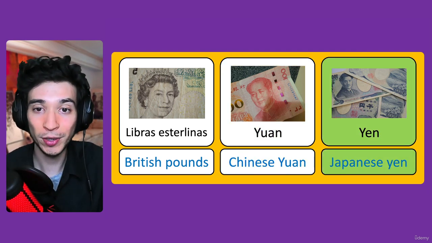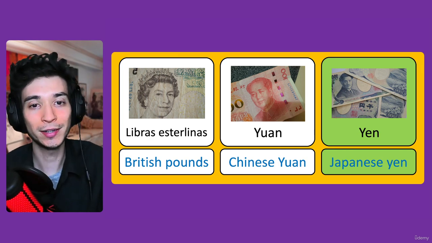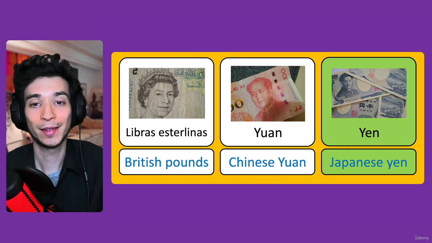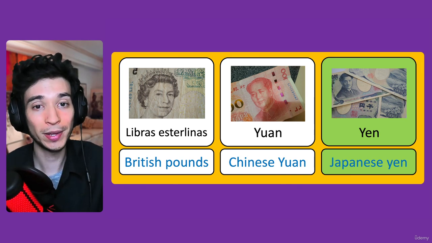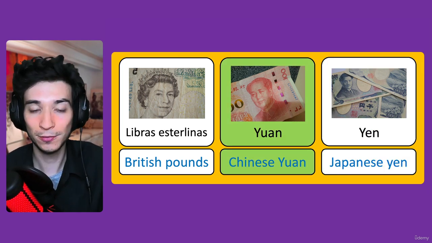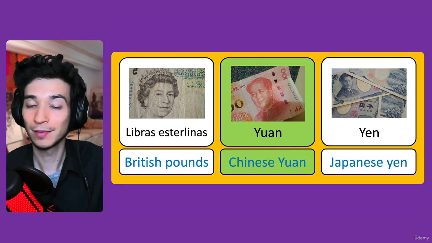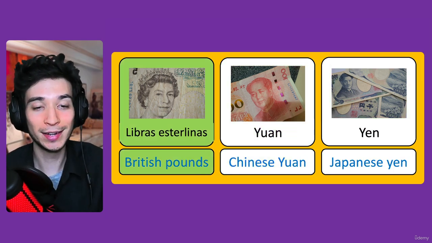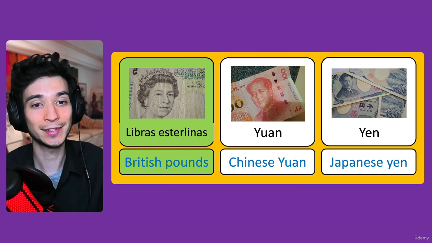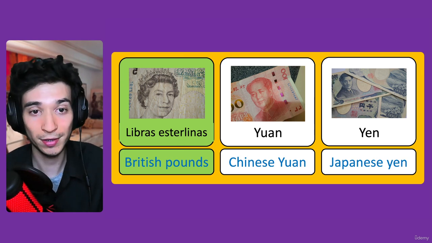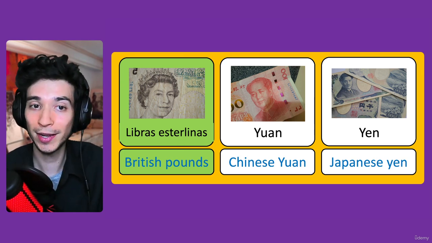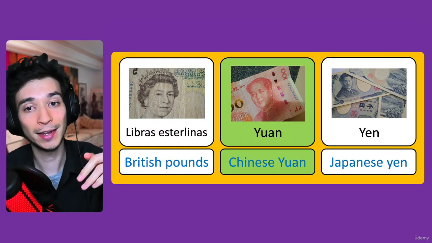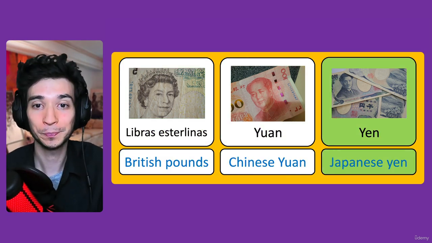For the Japanese one, it's quite similar, yen, the Japanese yen. So yen for Japan, yuan for Chinese. And for the British one, libras esterlinas, sterling pounds. Okay, libras esterlinas, yuan, yen.